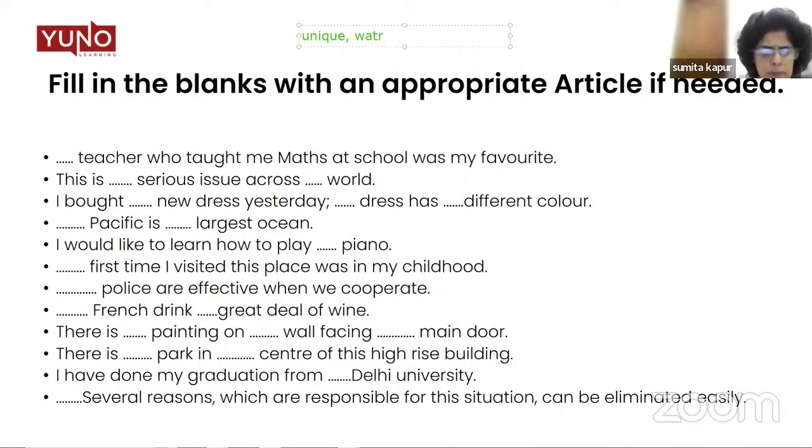For a very simple reason: all water bodies, we say the Ganges, the Nile, the Bay of Bengal, the Arabian Sea. So all water bodies, they are prefixed with "the." Pacific Ocean is a unique word.